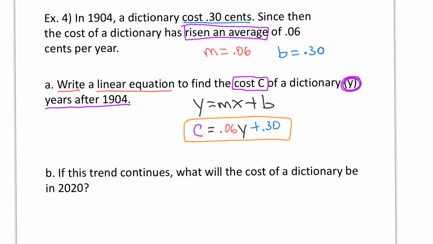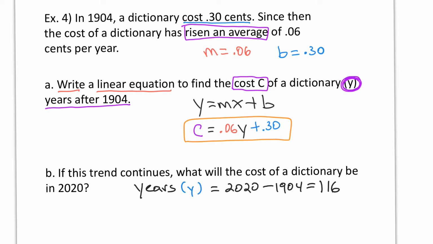Part B, it says now, if the trend continues, what would the cost of the dictionary be in 2020? So first of all, we need to know how many years have passed since 1904. So I'm going to put years, which is, remember, the Y. So I put Y in parentheses here. It's going to equal 2020 minus 1904. That's how you find out how many years have passed. And that is 116 years.